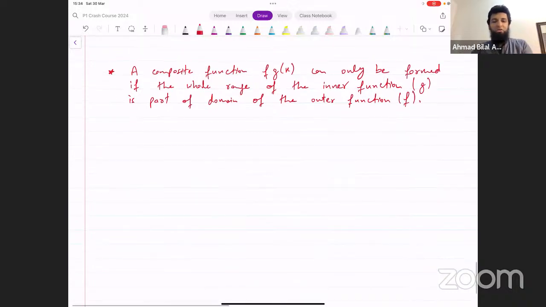So what's the condition for a function f g of x to be formed? It can only be formed if the whole range of the inner function is part of the domain of the outer function.